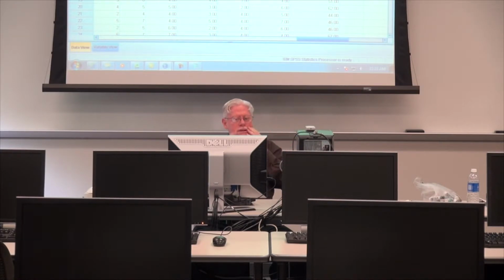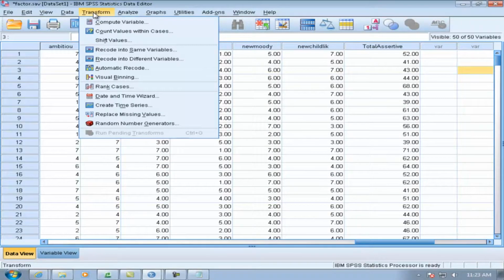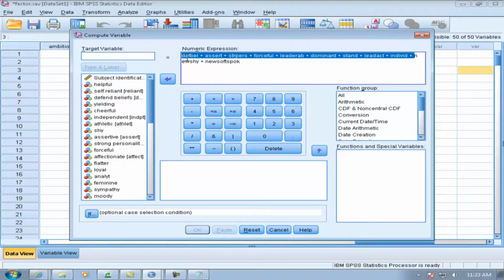Can anybody look at the second factor? What was going on with that one? Sympathy? I'm going to transform, then compute variable. And now this time I'm going to take out assertive. Let's see. Delete. Then I have to take out all of these. Delete. And now this is going to be total.